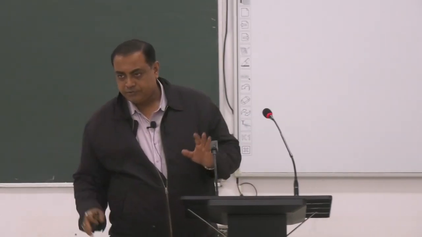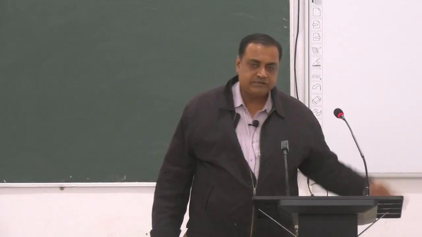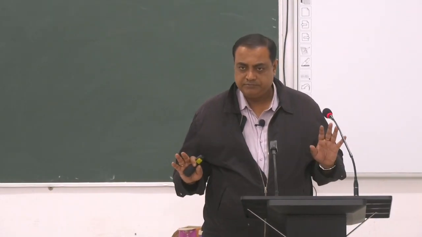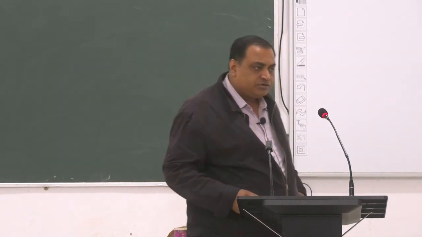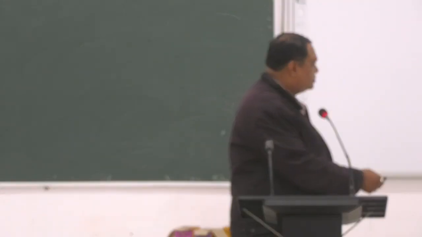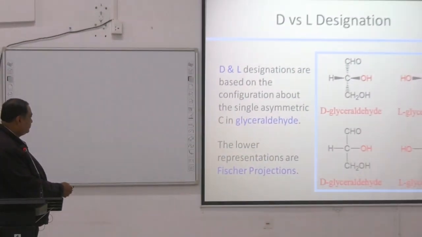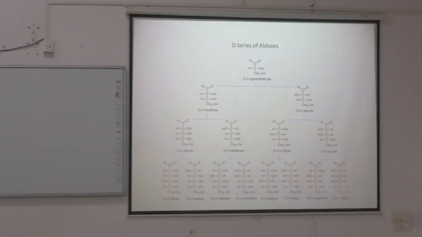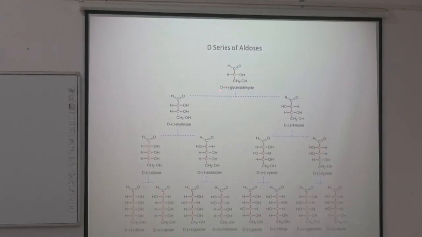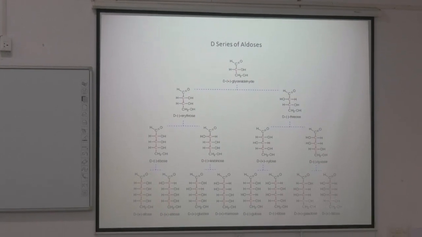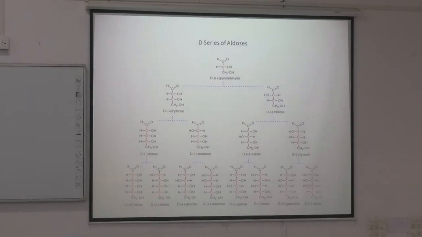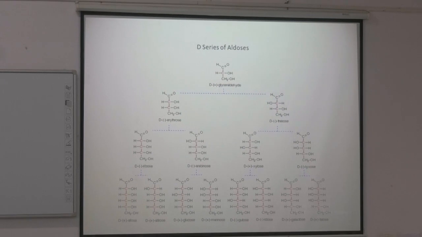So what does it rotate? It rotates plane polarized light. If they rotate the plane polarized light in the clockwise direction, dextro. Anti-clockwise direction, levo. Clear? So most of the sugars, glucose, see, this plus sign designates small d.